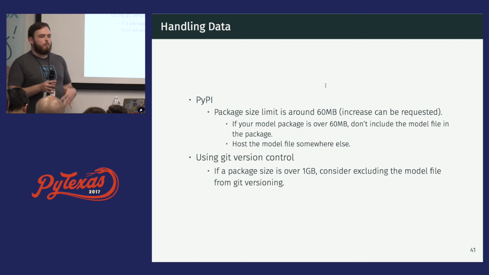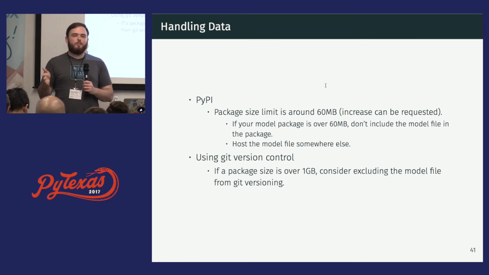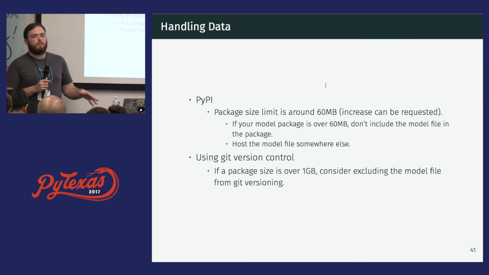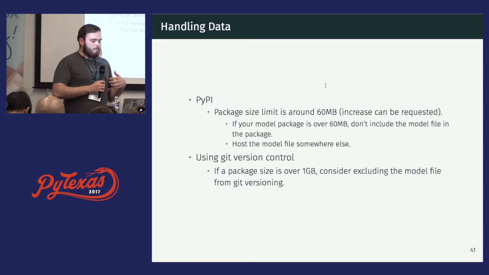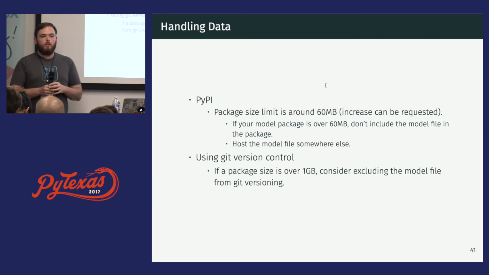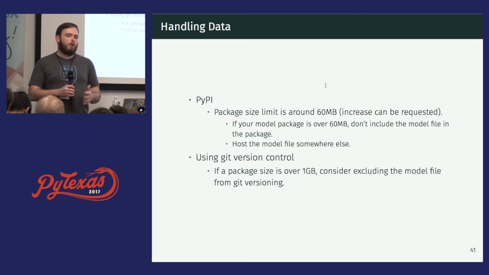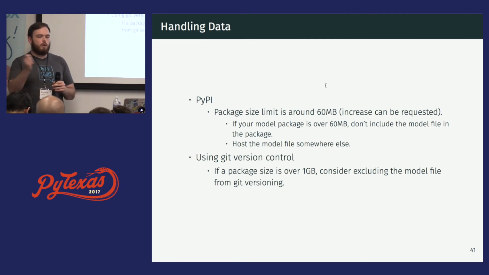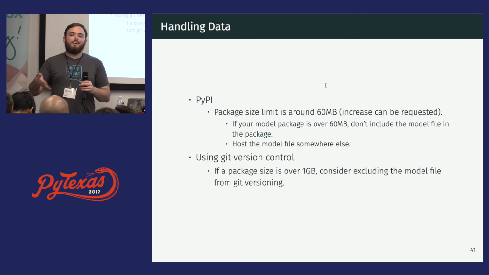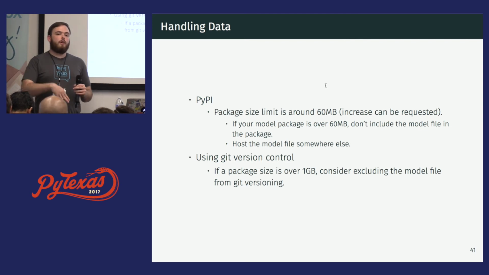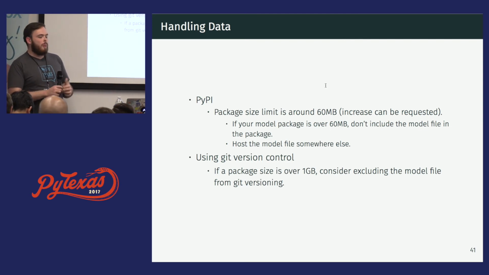It can be increased, but on the whole, if you're pushing that limit, you should consider hosting maybe your model file somewhere else. And then also Git version control. Sometimes if you have really large files, I've heard people having problems with that. So if your model file is getting really, really large, consider not including it in Git version control.